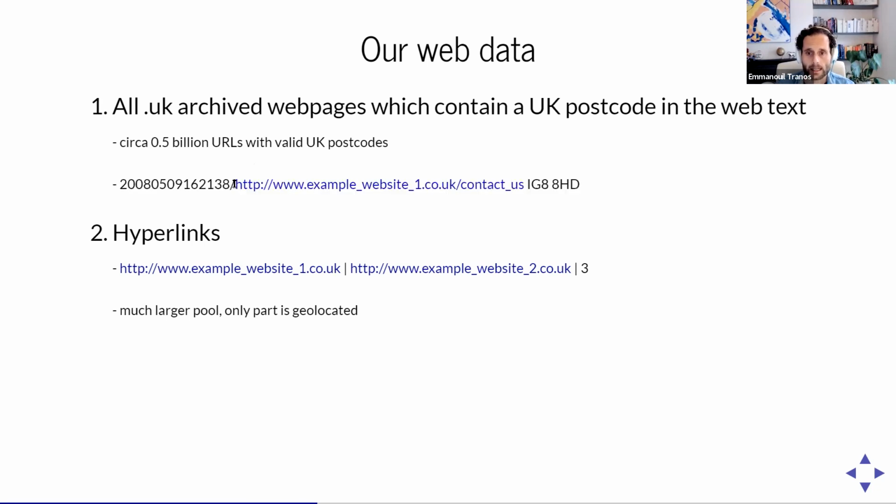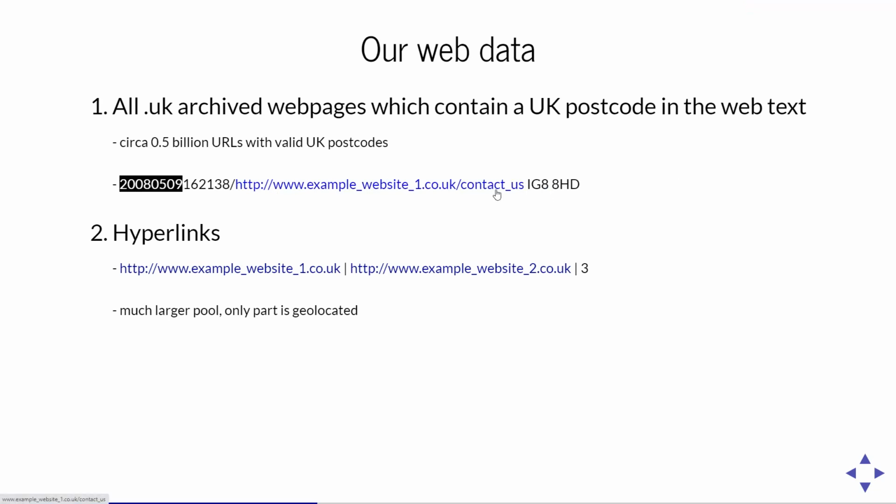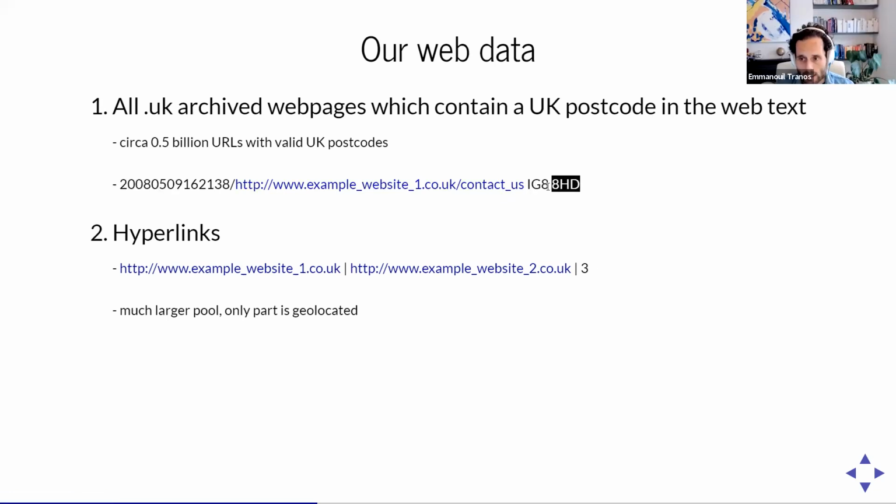It says that this specific web page was archived on the 9th of May of 2008, and importantly, the HTML document of this archived web page included this string of text, which looks like a UK postcode.